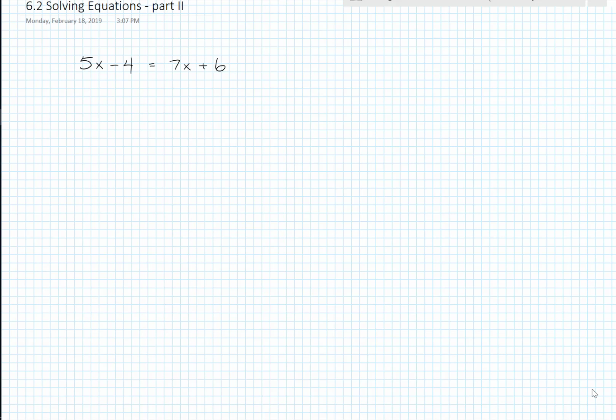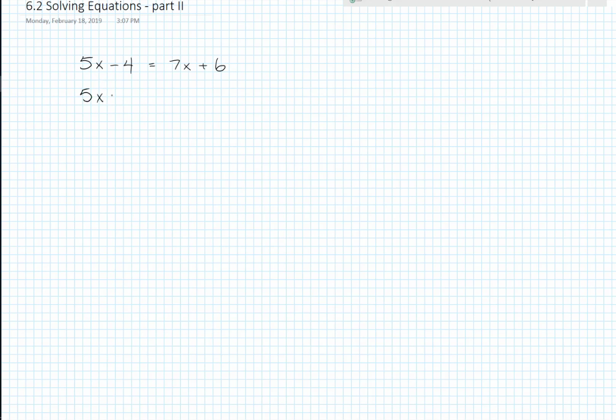So we have a choice here, and when I see students solving this sort of equation, I generally see them wanting always to bring the variables over to the left-hand side. What that would look like is we subtract 7x from both sides. Remember that you're allowed to do the same thing to both sides of an equation.